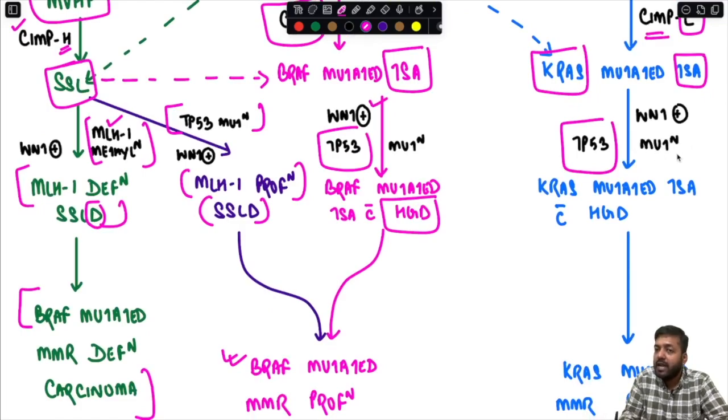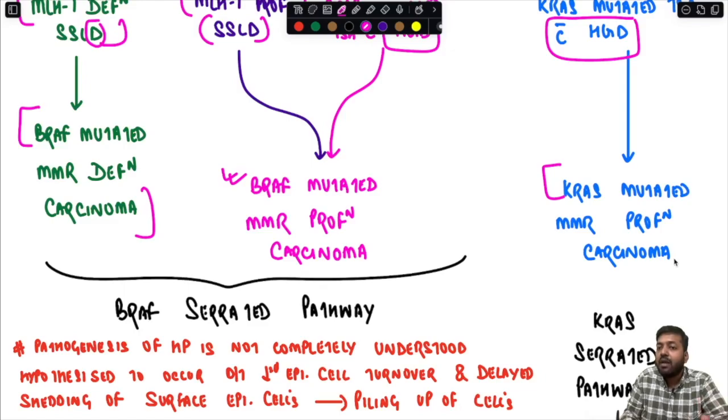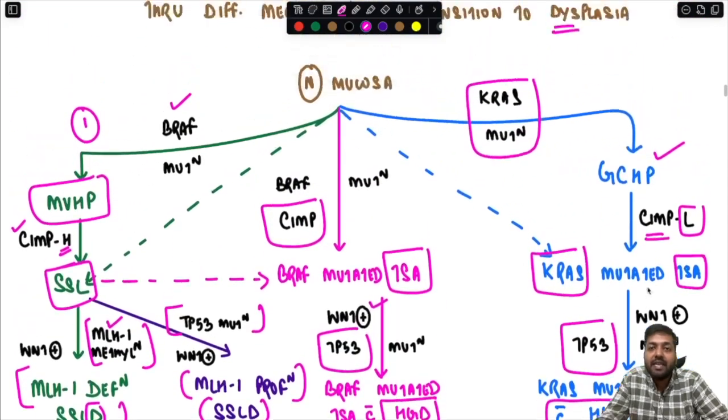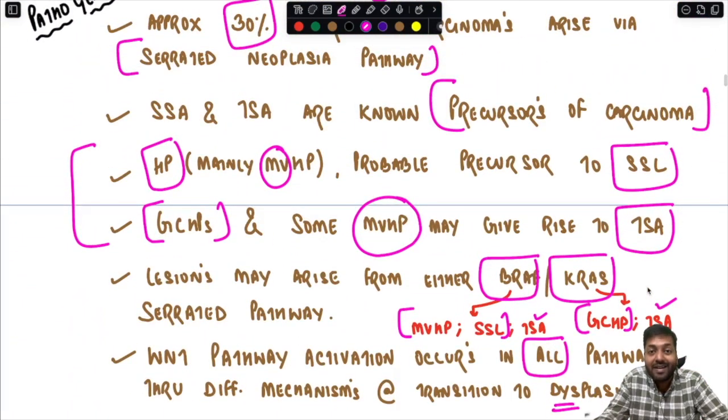And whenever WNT activation is there, what will happen? Whatever lesion was there will have high grade dysplasia in addition, and over a period of time will give rise to a KRAS mutated MMR proficient colorectal carcinoma. This is the KRAS serrated pathway. So this is the basic pathogenesis or pathophysiology of origin of serrated lesions.